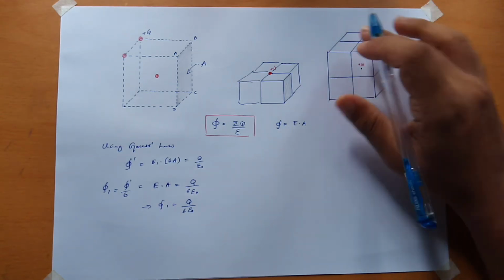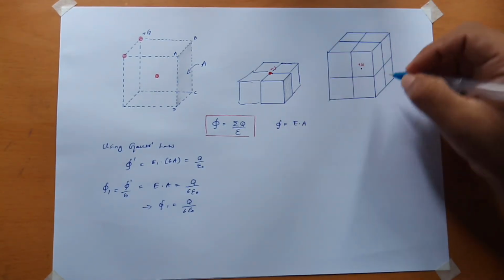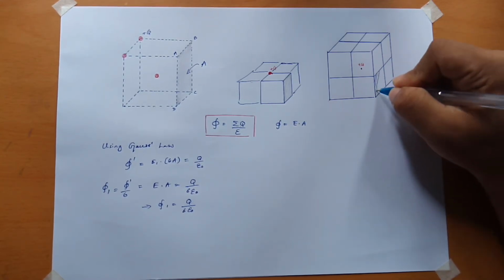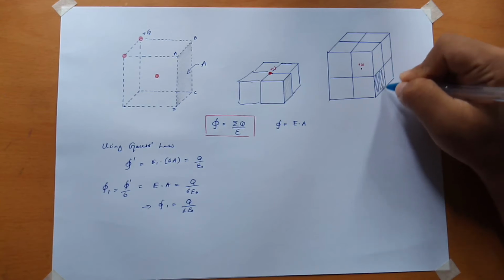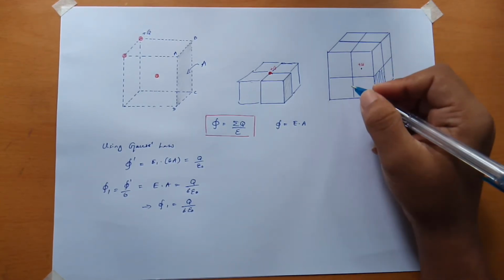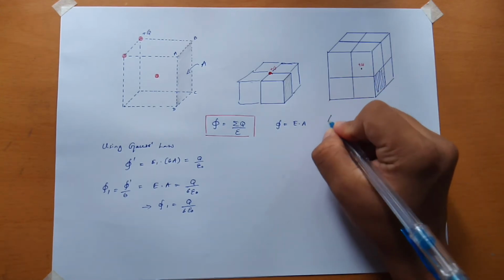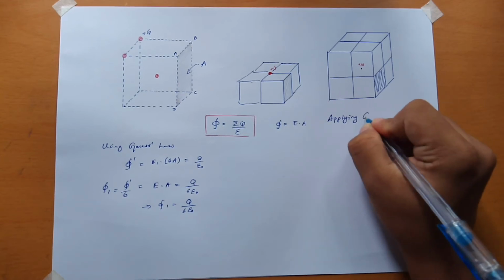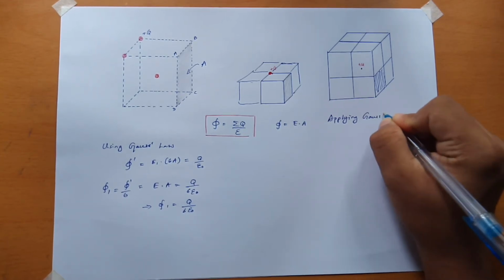It is enclosed by a large surface, but what we want to compute is the flux going through this area, which is ABCD. So here I'm again going to use Gauss law.